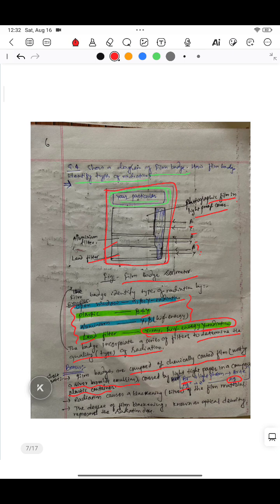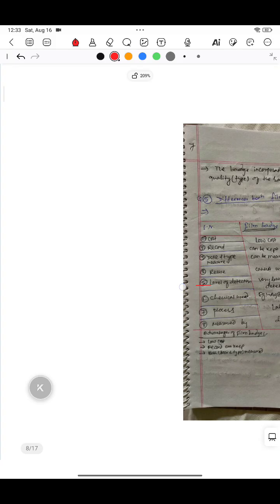Radiation causes the blackening of the film material. So how much radiation is exposed depends on the optical density. The degree of blackening of the film, known as optical density, represents the radiation dose.